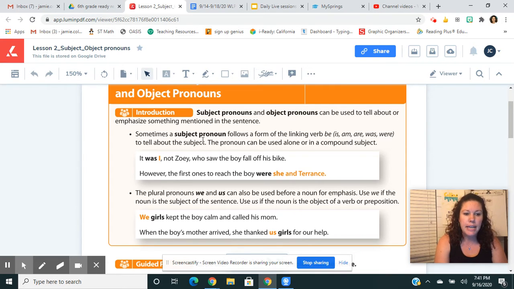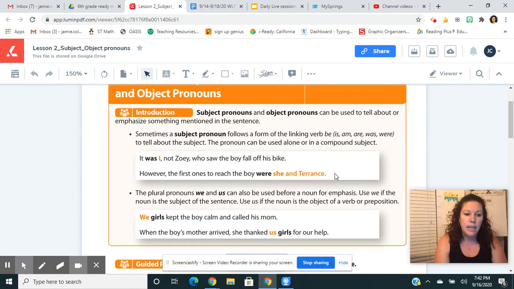So sometimes a subject pronoun follows a form of the linking verb be, so is, am, are, was, were, to tell about the subject. The pronoun can be used alone or in a compound subject. We learned about compound subjects, which is more than one when they put them together. The first sentence says, it was I, not Zoe, who saw the boy fall off of his bike.